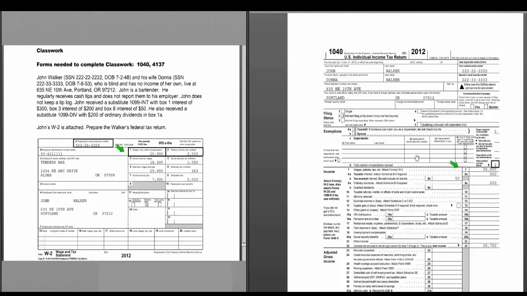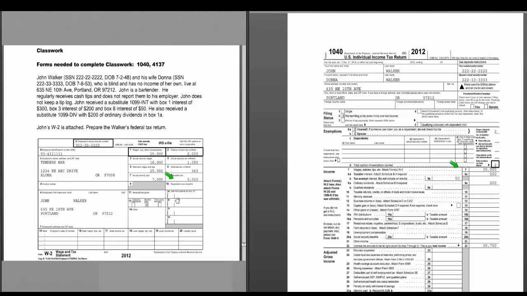Now, you might be saying, how did we come up with the $30,000? Maybe you figured that out and maybe you didn't. But let's take a look at it. Take a look at the W-2. In box 1, we have $25,000, which is his reported tips and wages for the job at Tender's Bar. But we also have box 8 here, allocated tips.